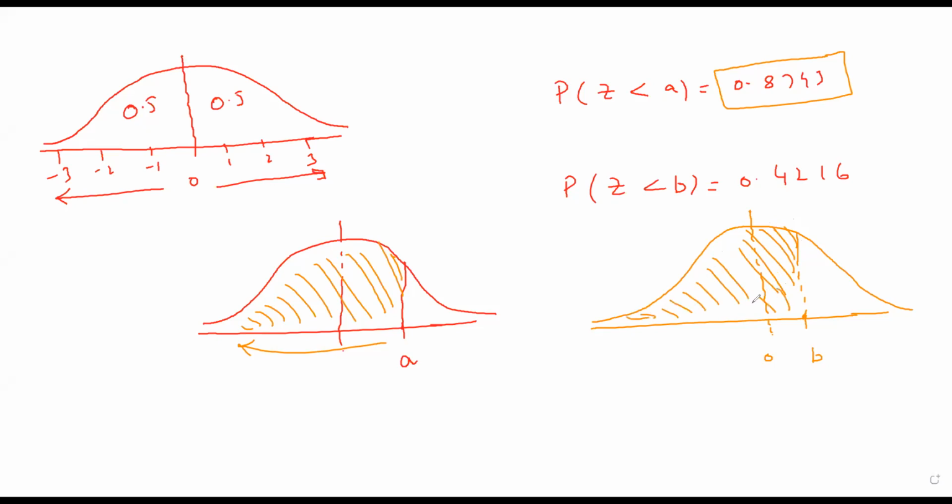Please tell me yes or no. Is it possible that all this area is less than 0.5? No, sir. So this means B has to be somewhere over here, and it is basically a minus value, because now your area is much less than 0.5. So the area looks like this, and this B is basically a negative value.